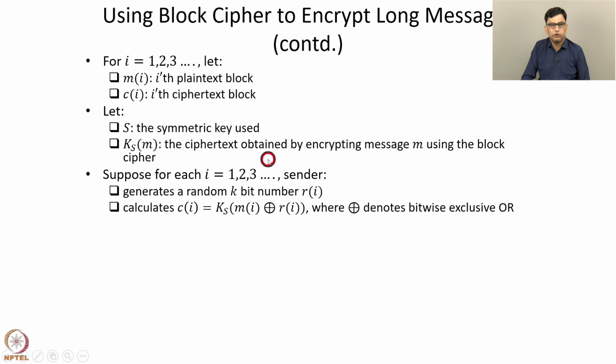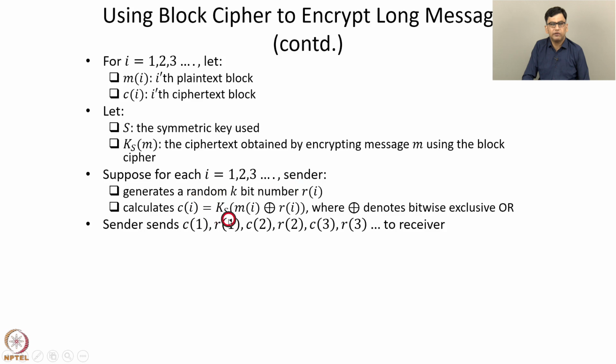For each i equals 1, 2, 3, and so on, the sender first generates a random k-bit number, say Ri, and then calculates Ci equals ks of mi XOR Ri. This XOR denotes the bitwise exclusive OR of mi and Ri. So first the sender finds mi bitwise XOR Ri, and then encrypts that to get ks of mi XOR Ri, and that is the ciphertext Ci.